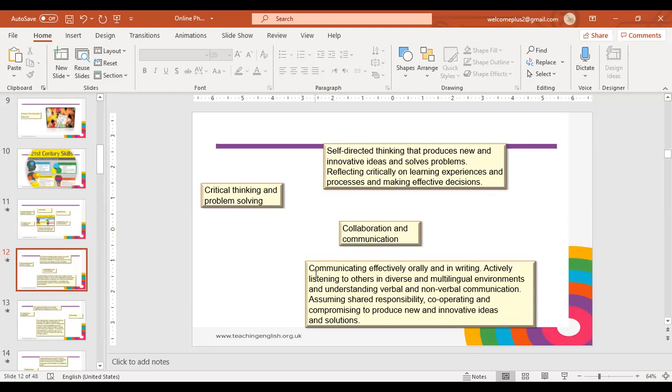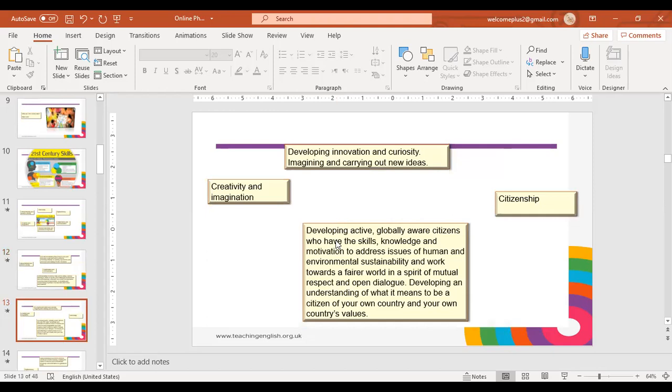The second one, communicating effectively, goes with collaboration and communication. So we as teachers now have the awareness to know what goes with what and which skills we can try to enhance in a certain way, right? Yes.